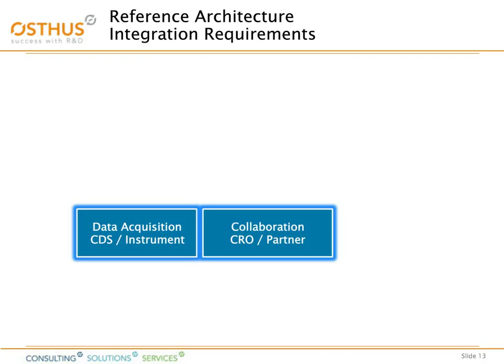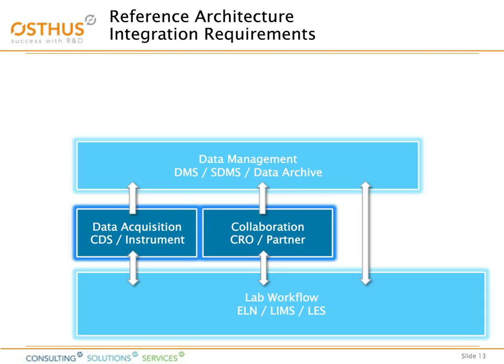So the data is generated there and it's fed into both your lab workflow, which is your ELN and your LIMS and your LES, but it also generates a lot of files. And these files need to be stored somewhere. And in general, they go to a data archive, to a scientific data management system, or into a documentation management system.